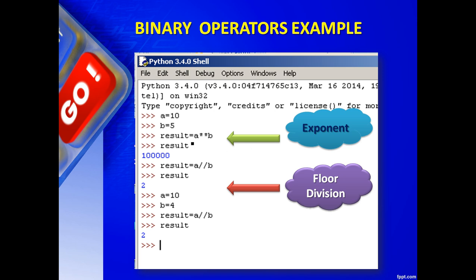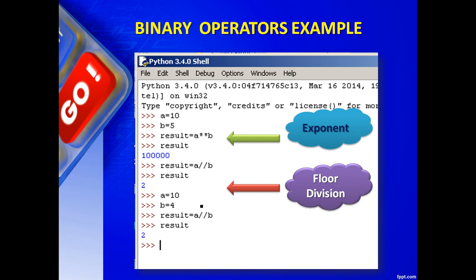This is what you are going to use. Exponent: a double star b will give you 10 raised to 5, right? Then a double slash b will give you floor division, right? So these are all you will execute and check.